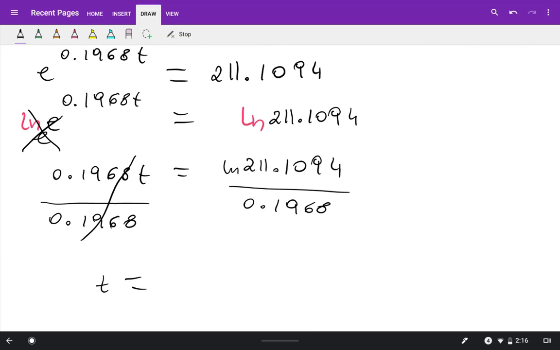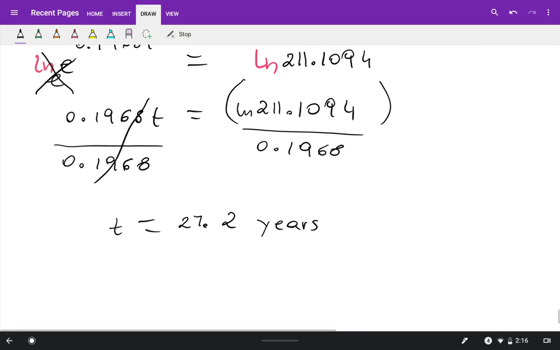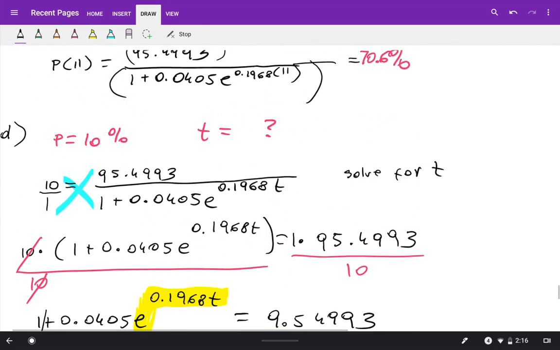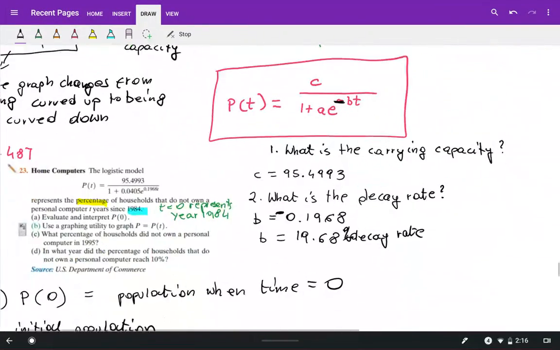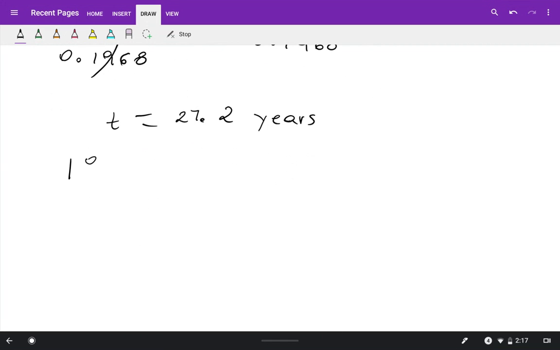So t equals, parentheses here, and if you plug that in on the calculator, you will end up with 27.2. Okay, so 27.2 years. But what year are we talking about? We started the study with 1984.